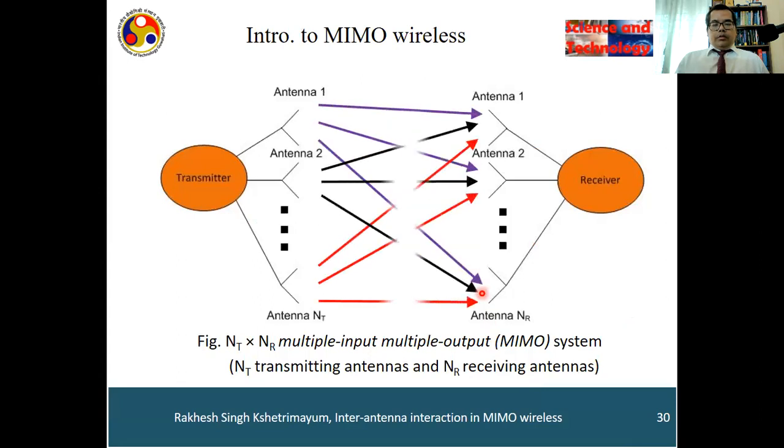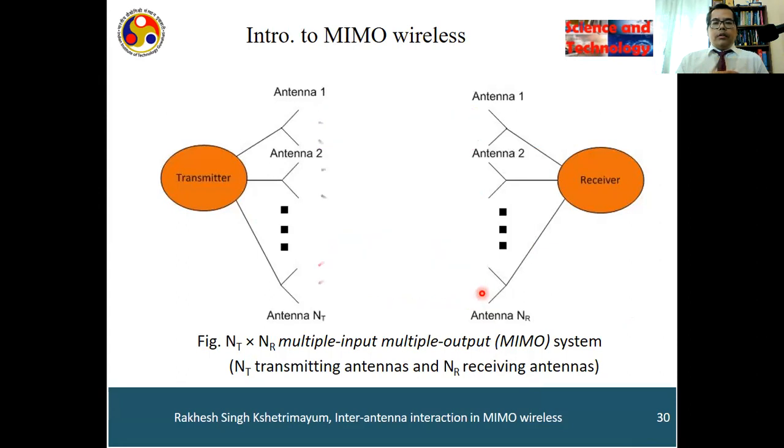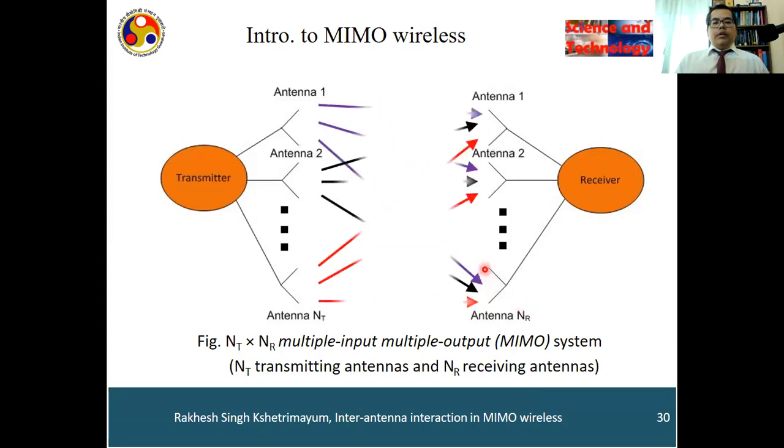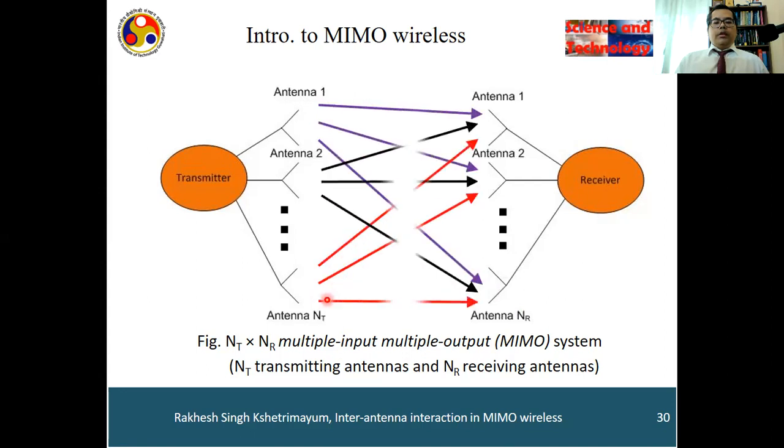Okay, let us try to understand one thing. At the start of the topic, I mentioned the inter-antenna interaction between different antennas. We have NT antennas at the transmitter and NR antennas at the receiver. I have used different colors for the signals transmitted from antenna 1, antenna 2, and antenna NT: violet, black, and red.